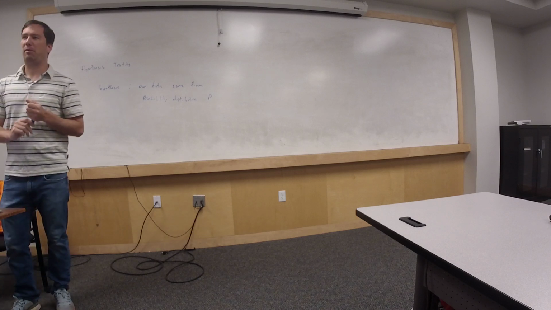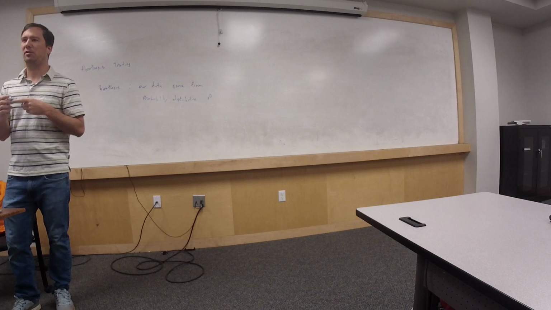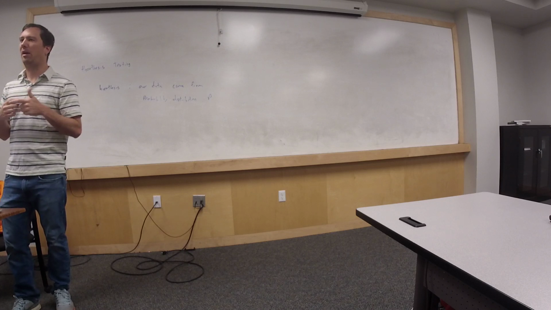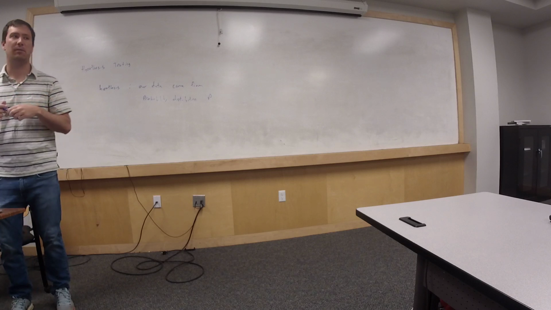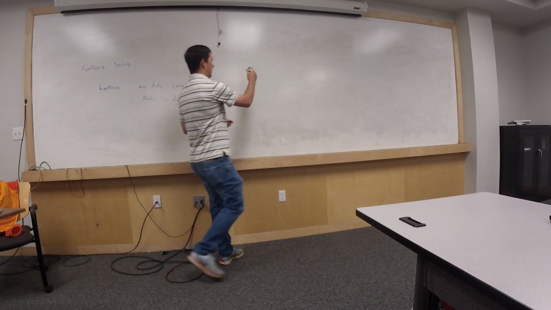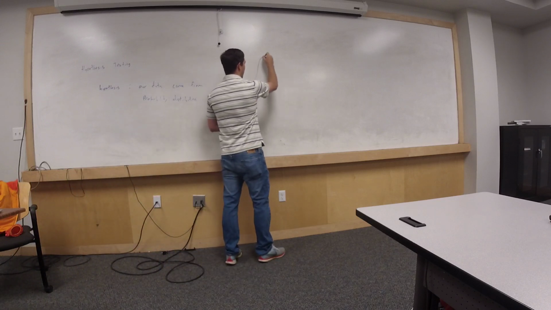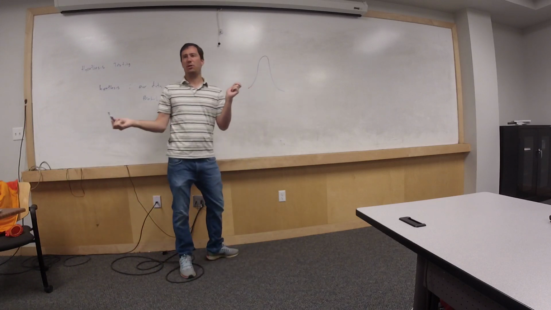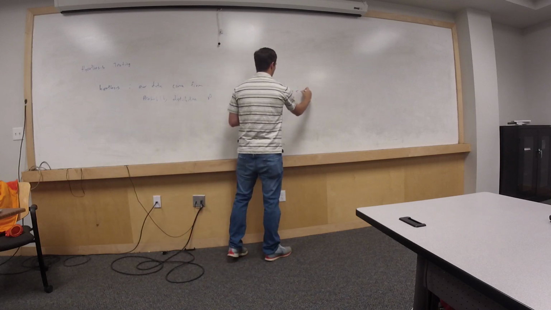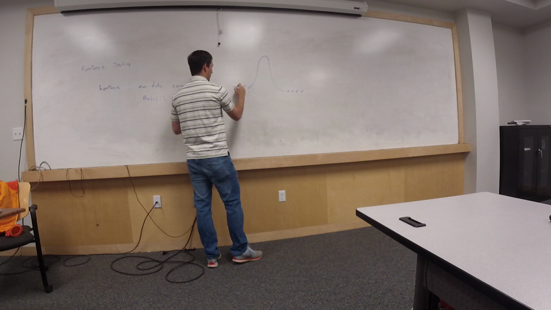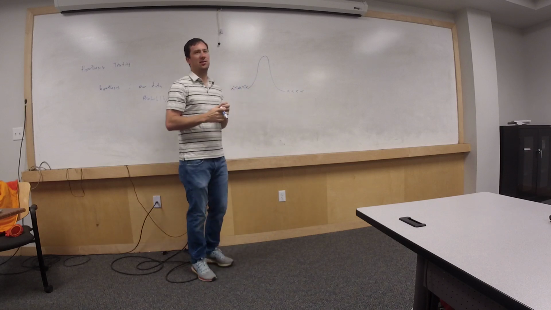If the probability of getting those samples that we got is extremely low, then probably our hypothesis is wrong and our data actually came from a different distribution. So imagine my hypothesis says my data came from this distribution, and my data points look like this.